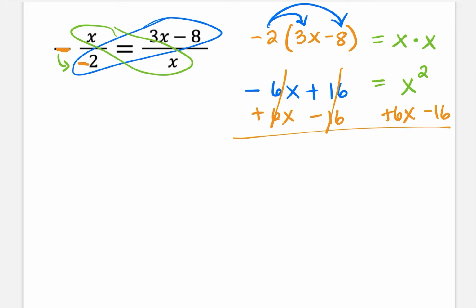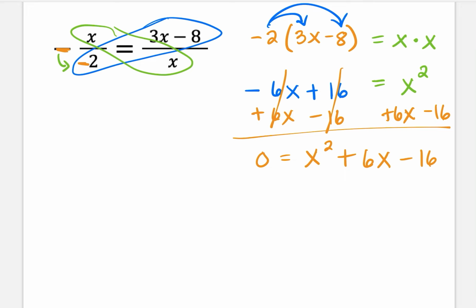And so I am left with 0 on the right side. So on the left side, I have now x squared plus 6x minus 16. So there is nothing to combine because they are all unlike terms.